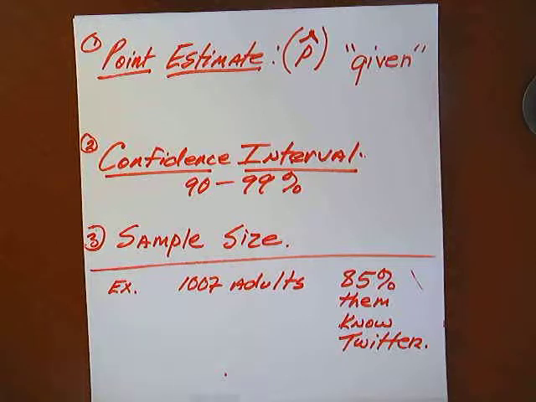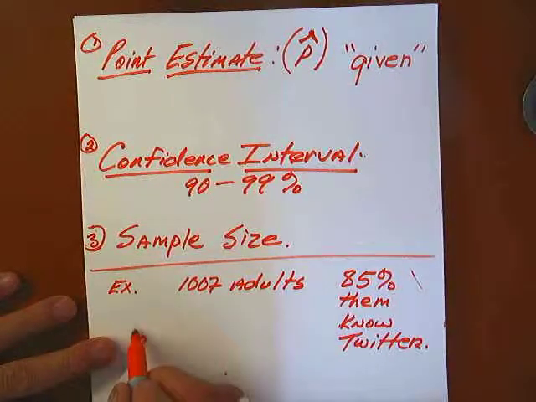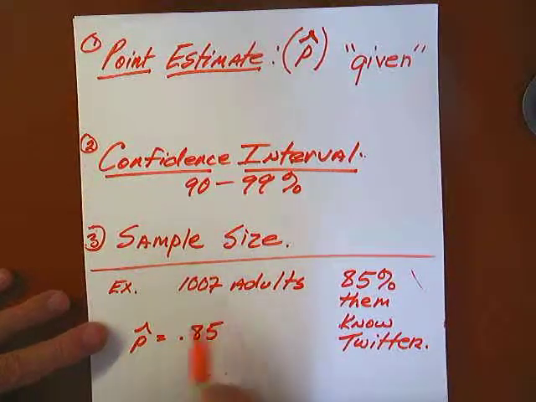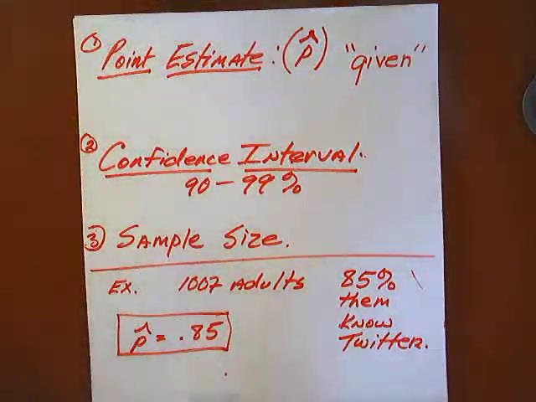Okay, so 1,007 adults were surveyed, and 85% of them know what Twitter is. Now, the point estimate we can get from this is 0.85, and that's what we are given. The point estimate is 0.85. So p hat is equal to 0.85. And that's given. So in some of your questions, they will give you what you need in the question. You just have to find it and pull it out.